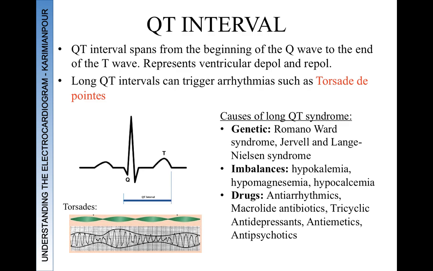So the way I think about these is you don't have enough electrolytes, hypo, and therefore you cannot conduct depolarization and repolarization effectively in a time-wise fashion. So therefore you have a prolongation of your QT. Drugs such as antiarrhythmics, macrolide antibiotics, tricyclic antidepressants, antiemetics like ondansetron, Reglan, all of them can really do it.